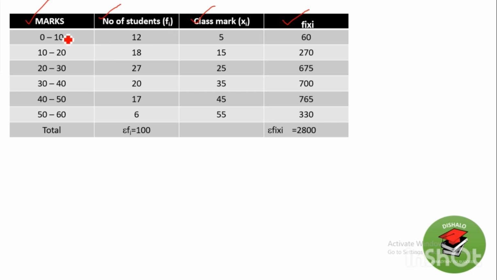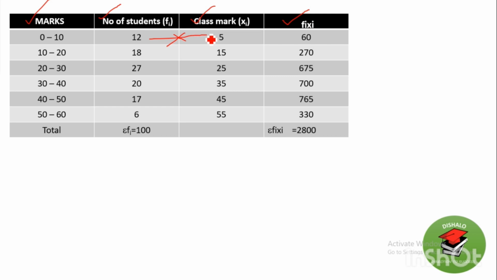So frequency is fi, this is given. Xi, how you get xi? It is upper limit plus lower limit divided by 2. So 0 plus 10 divided by 2 is 5. 10 plus 20 divided by 2 is 15. So like this you get the xi. Then you find the summation of fi and summation of fi xi. Fi xi means multiply fi into xi.